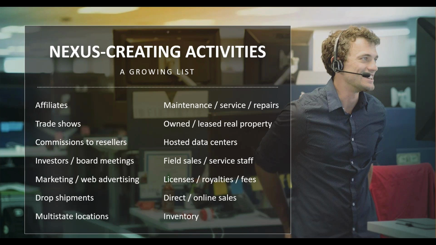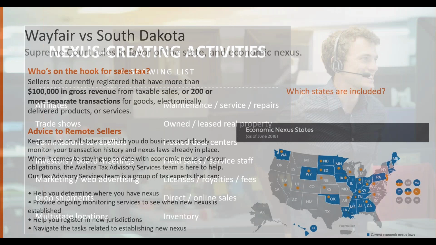But think boots on the ground, inventory, commissions to resellers, locations. Those are all reasons why companies have to get registered to collect and remit sales tax. And again, this is physical presence nexus. This has always been the case. It hasn't changed. It is different from state to state, and this is always going to be a rule as far as physical presence is concerned.